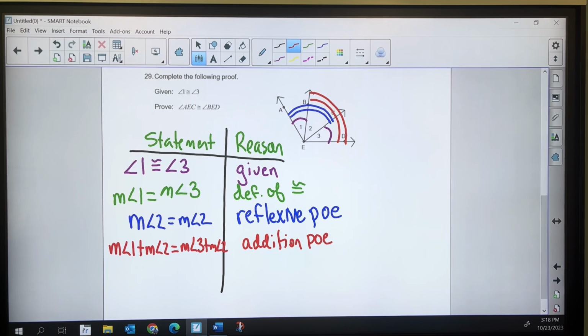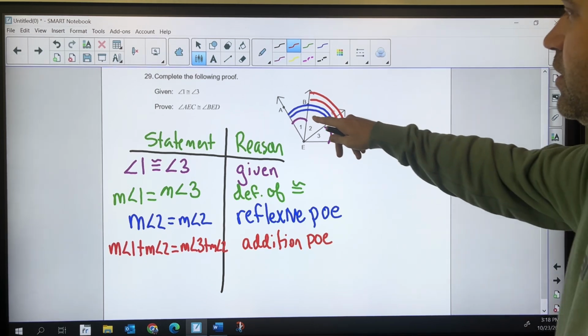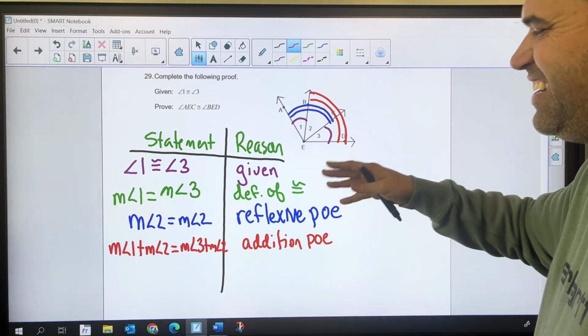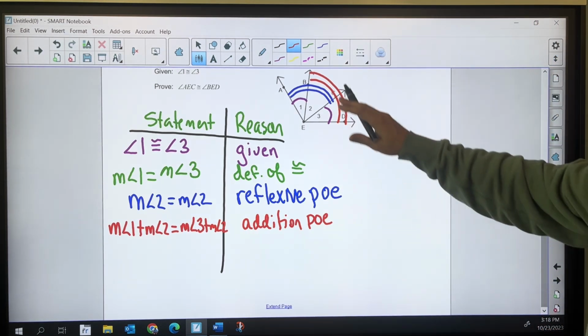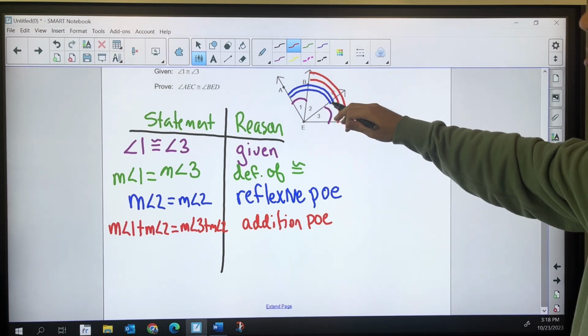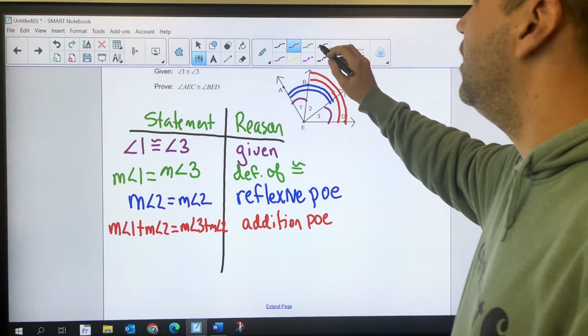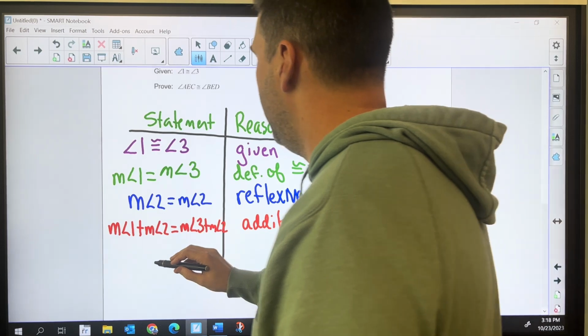Now I'm going to rename these. So I'm going to say, okay, this 1 plus 2. I need to somehow say that 1 plus 2 is AEC and 2 plus 3 is BED. All right, so let's see if we can do that.